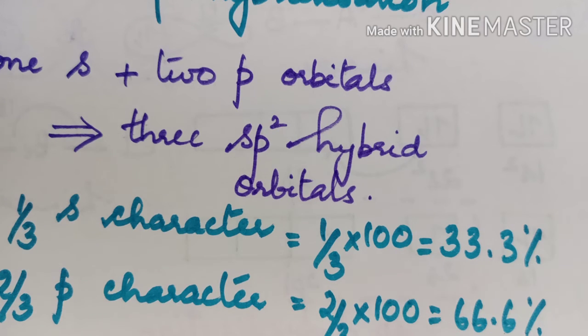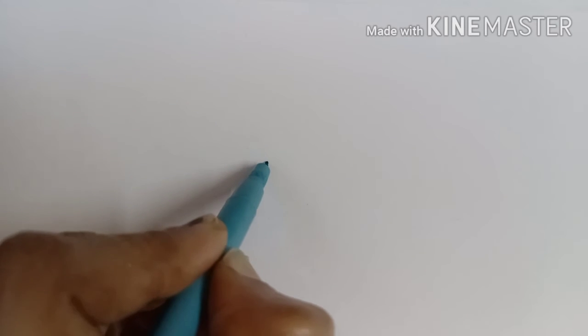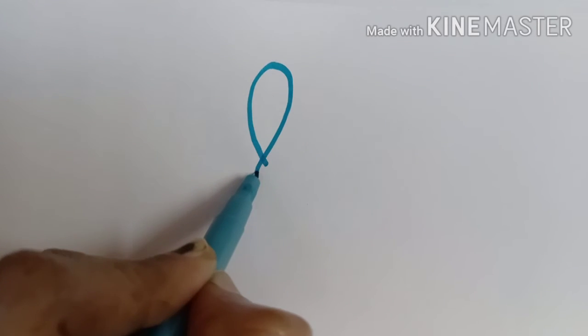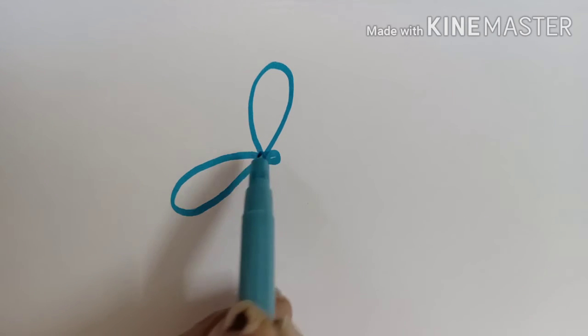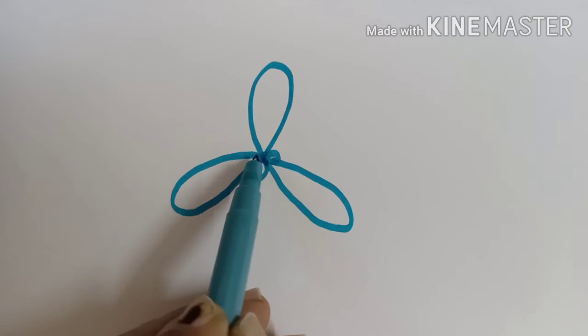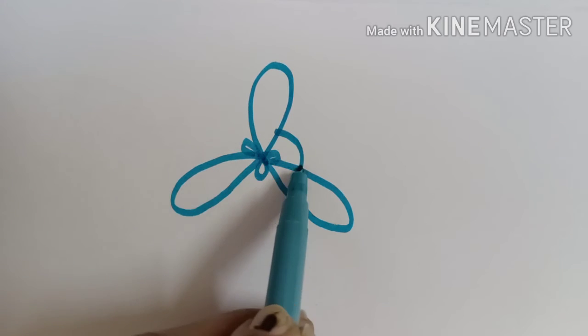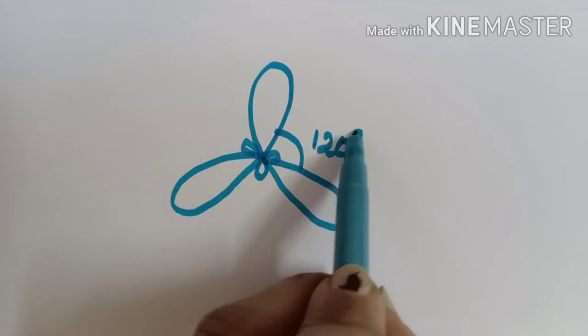So it will have more of dumbbell shape compared to that of spherical shape. These 3 sp2 hybrid orbitals are directed at the corners of a trigonal planar. So you have the first orbital, second orbital, and the third orbital at an angle of 120 degrees.